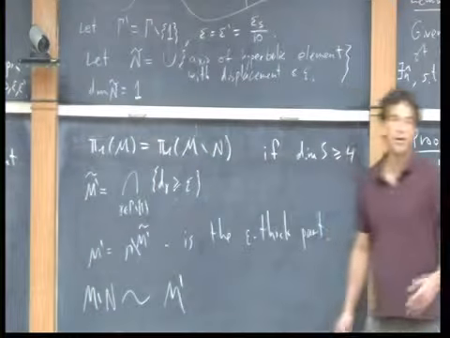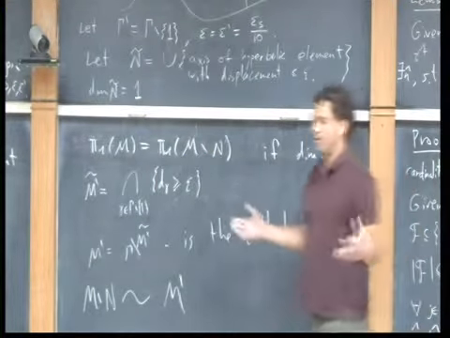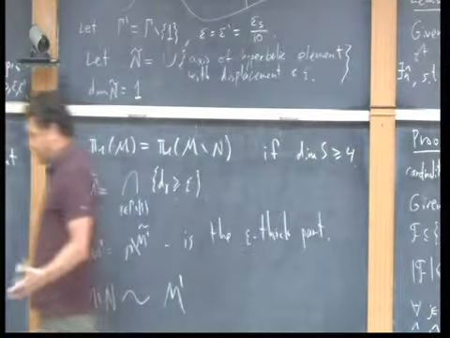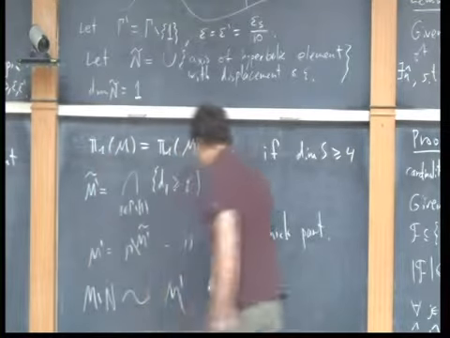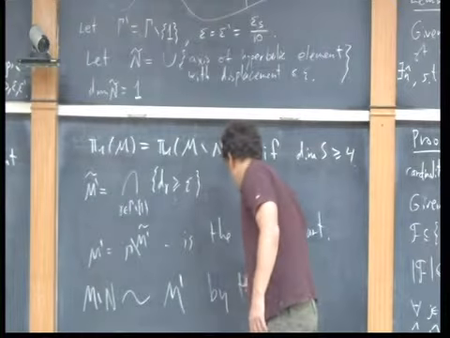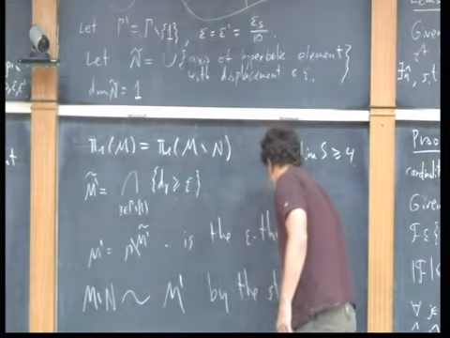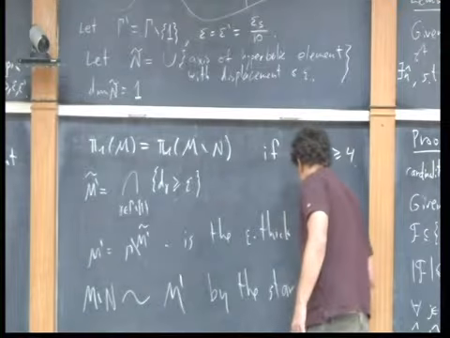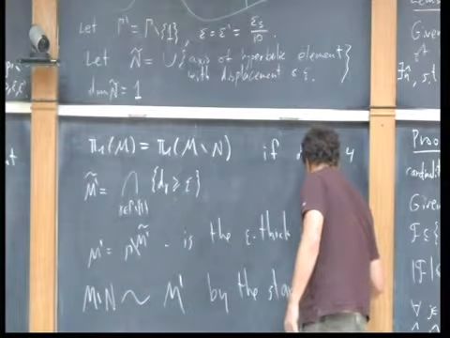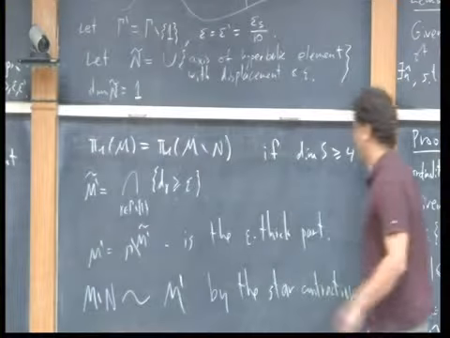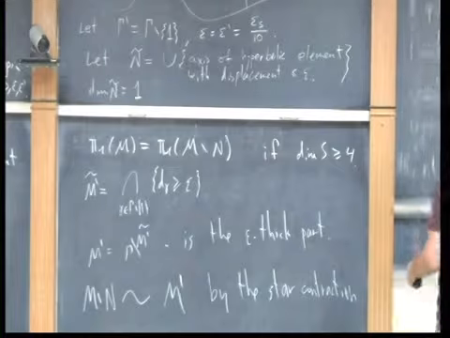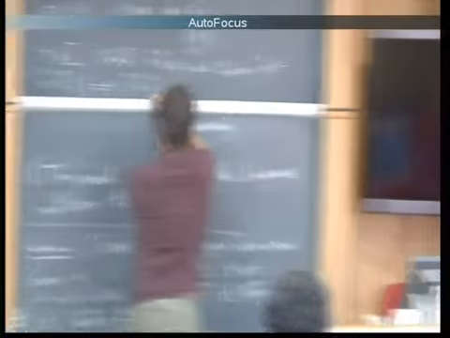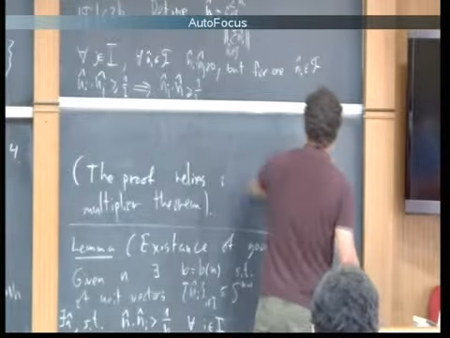So how to show it? We had a very general way to do deformation retract that increases a function, but in this case you can just use the star contraction. So what do I mean by that?